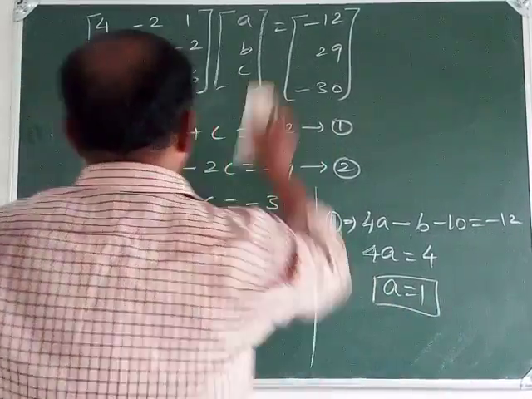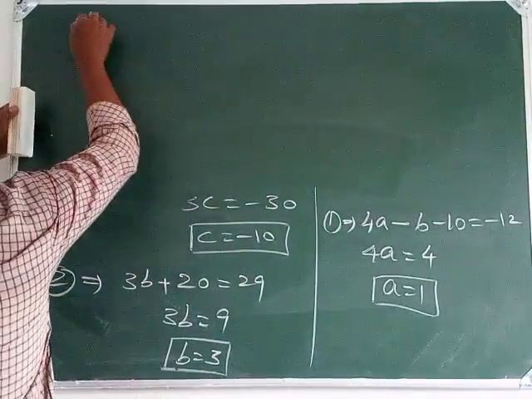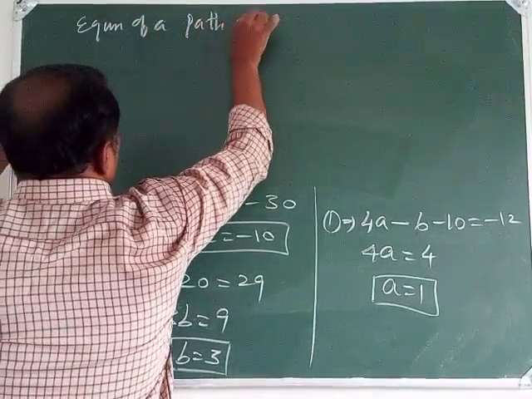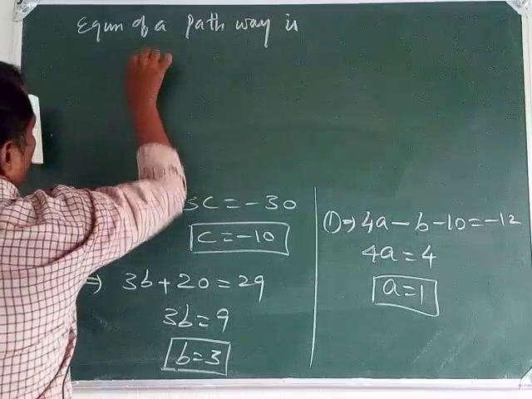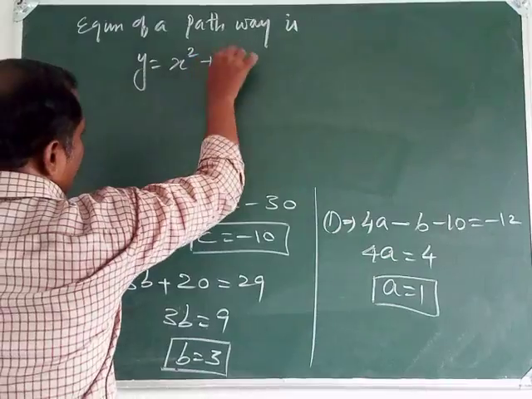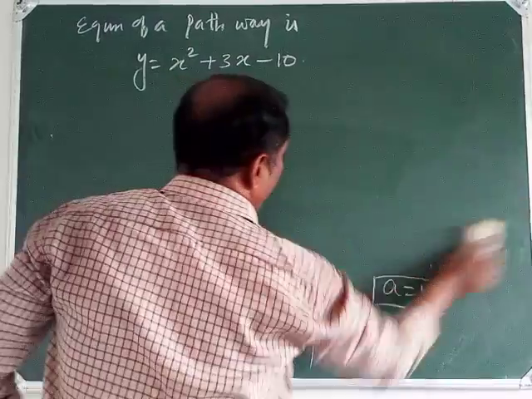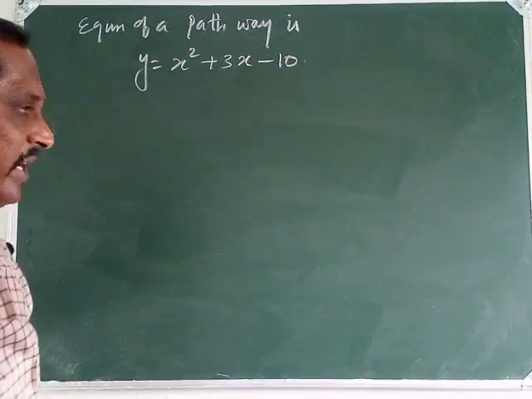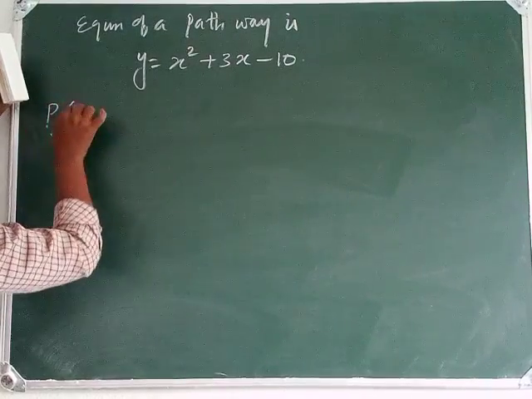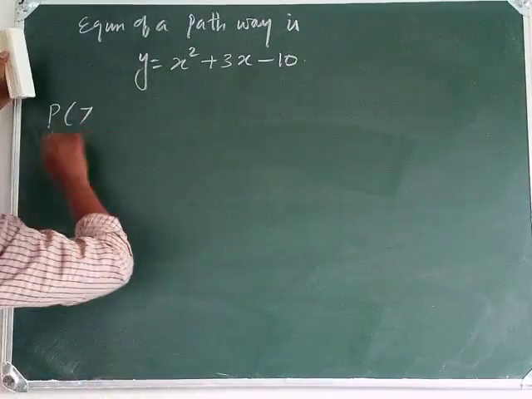Therefore the equation of the path is y is equal to ax squared plus bx plus c, right? So will he meet his friend or not? For the point p, that is p (7, 60).